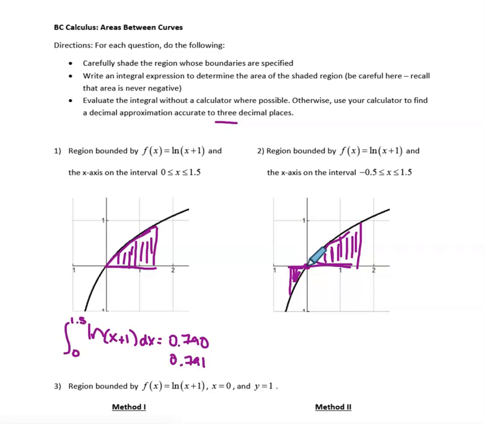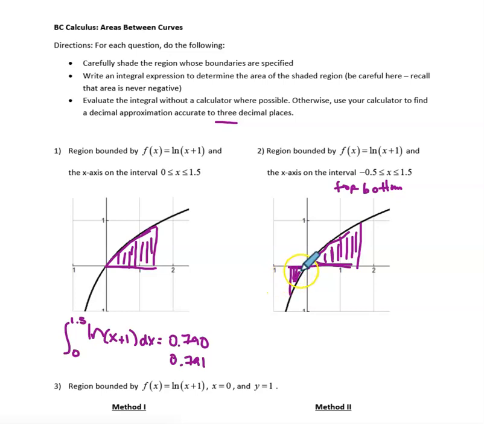So when you are integrating with respect to x, you are going to follow the rule top curve minus bottom curve. And that's what we did for the first equation. We took ln of x plus 1 minus the bottom curve, which was y equals 0. So I didn't write it out here, but I really was subtracting 0.